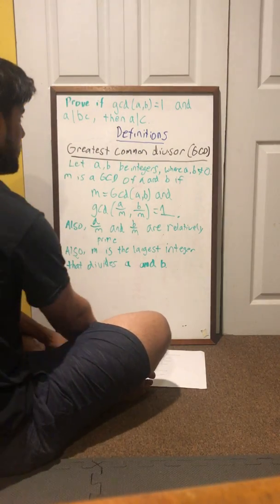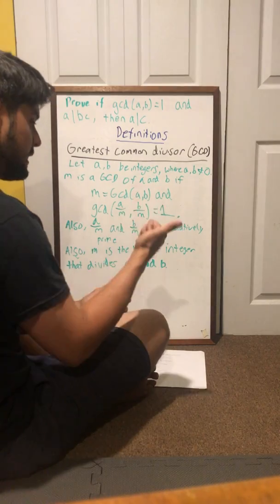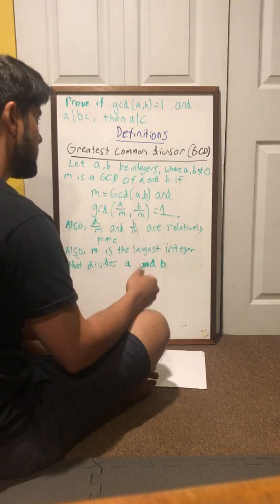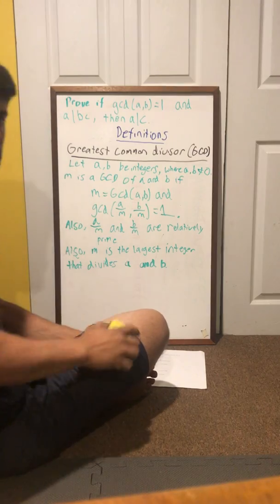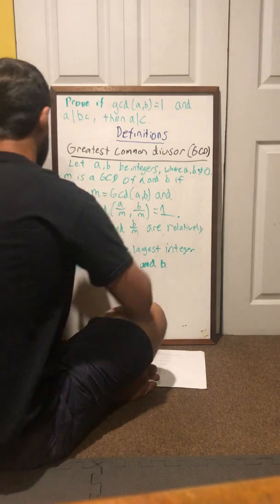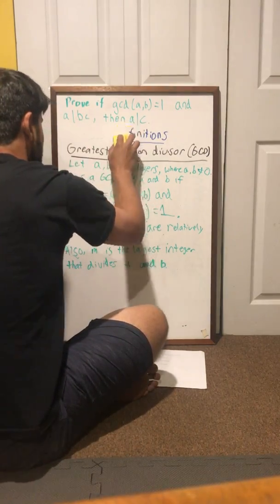So there we go. Those are the definitions that we're going to need. We're going to need integer, divisor, common divisor, greatest common divisor. All right. So now we're going to go through some theorems that we're going to need.